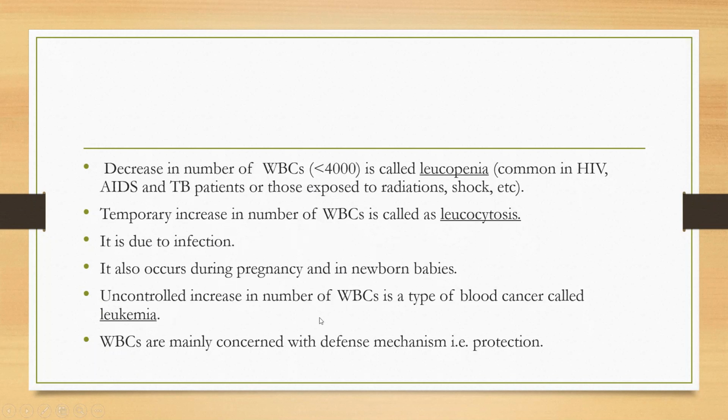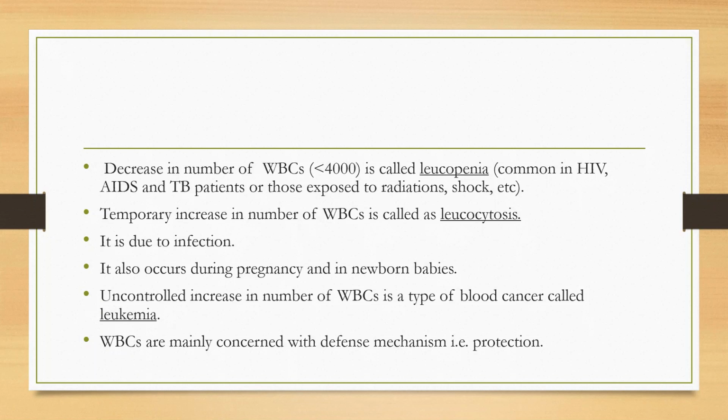An uncontrolled increase in the number of WBCs is a type of blood cancer called leukemia. When the number keeps on increasing, your body is not able to control the increased number of WBCs.